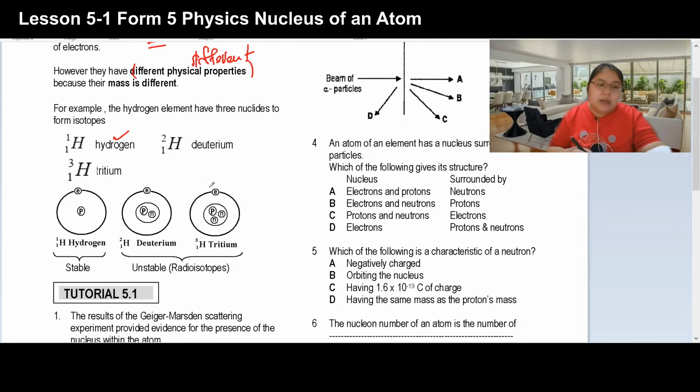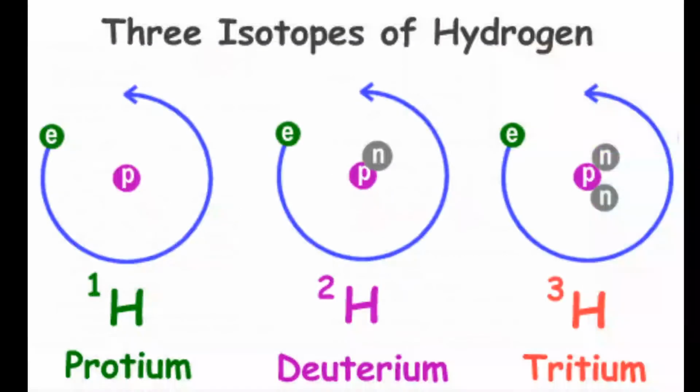The unstable ones we normally call isotopes because they have extra neutrons. Let's see the example here, same as your notes for hydrogen. Can you see deuterium, tritium? This is a hydrogen isotope.